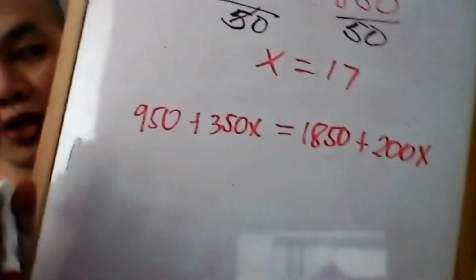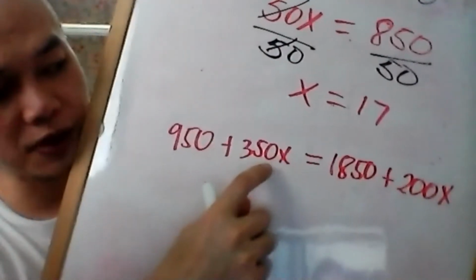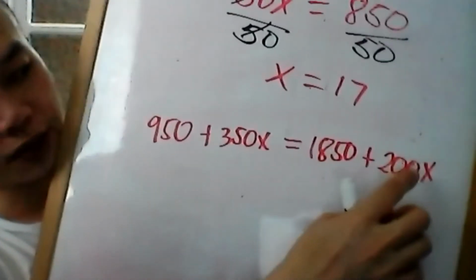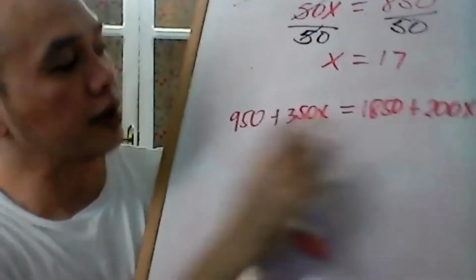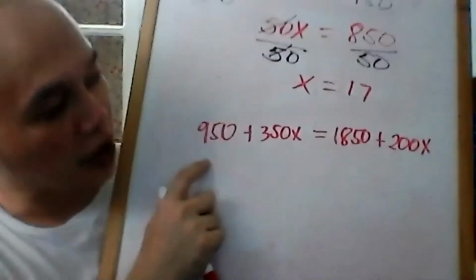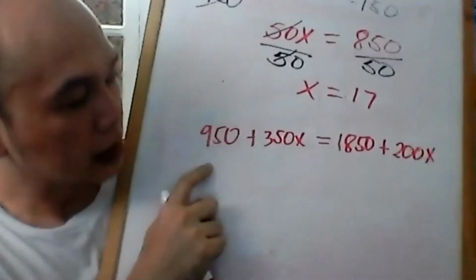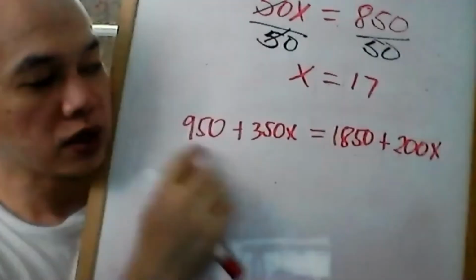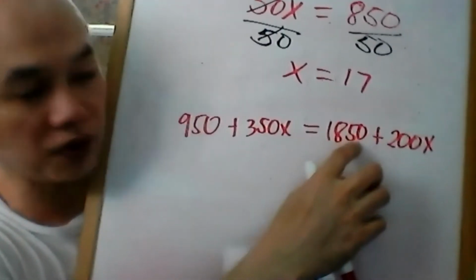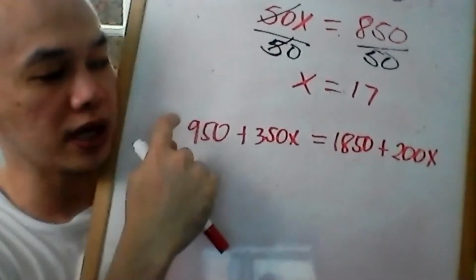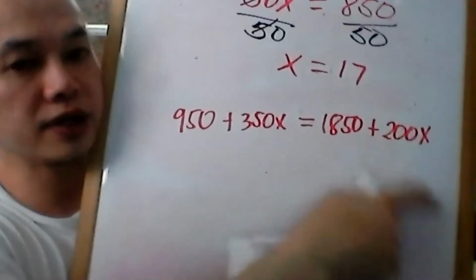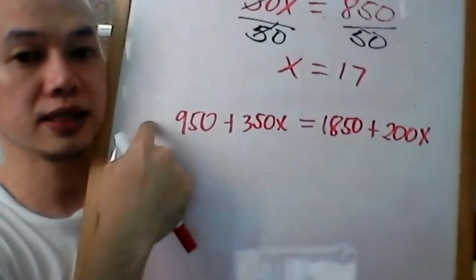What you need to do is transfer this variable to there, and transfer this one. You just combine the numbers that are the same. So 950 and 1,850, you combine. Transpose 950 there, so minus 950. And then the 200x here is transposed to this side.